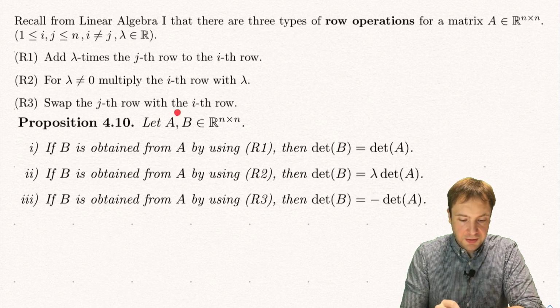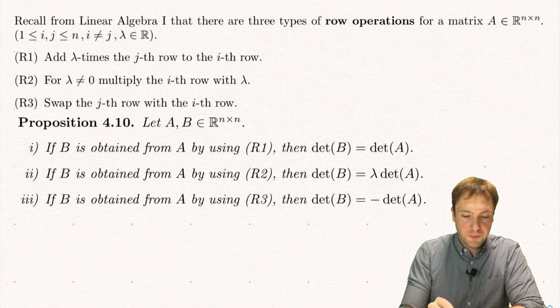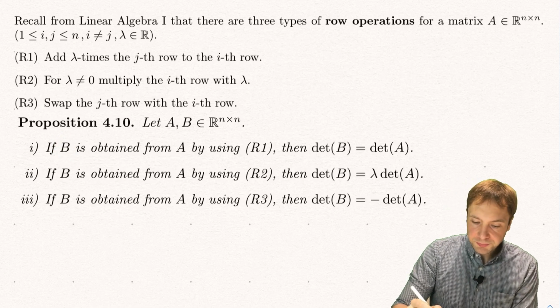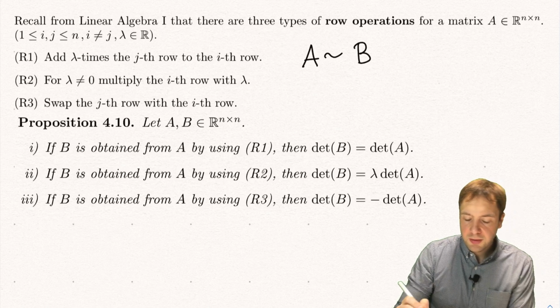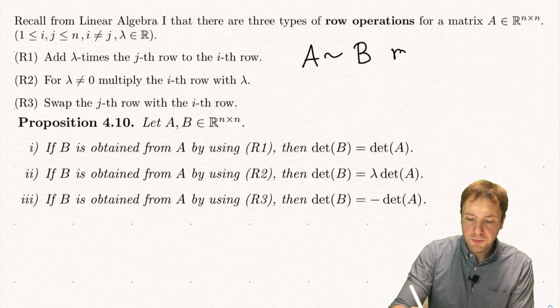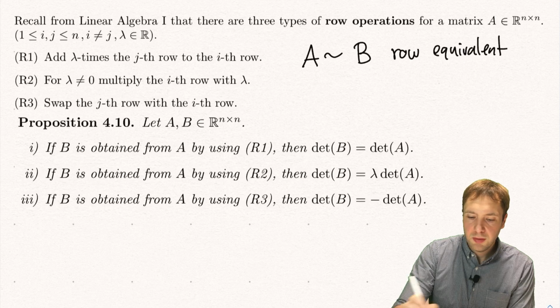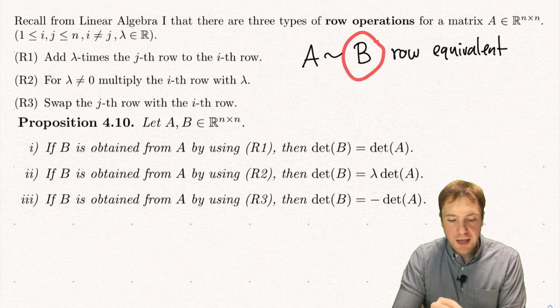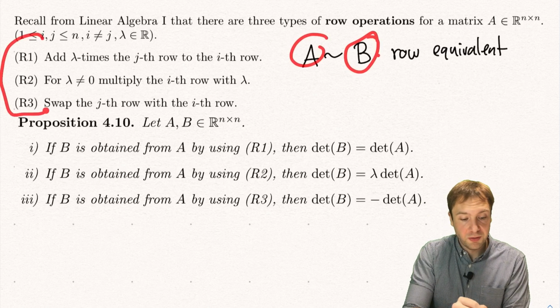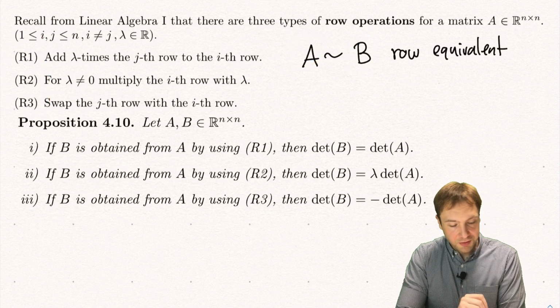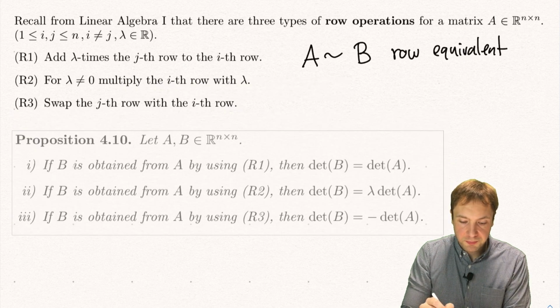And so let's say I have 2 matrices A and B, where B is obtained from A using these row operations. And also recall that we had this notation that A and B are row equivalent if I can obtain B from A by using one of these row operations.